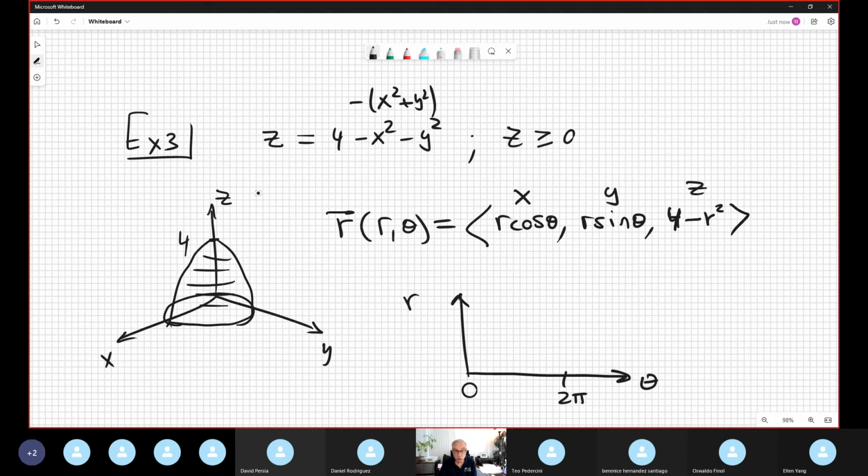This is my domain, because 2 squared is 4. So you can represent it graphically like that, or like this: theta varies from 0 to pi, and r varies from 0 to 2. This is equivalent to the graph, and this is my region R.